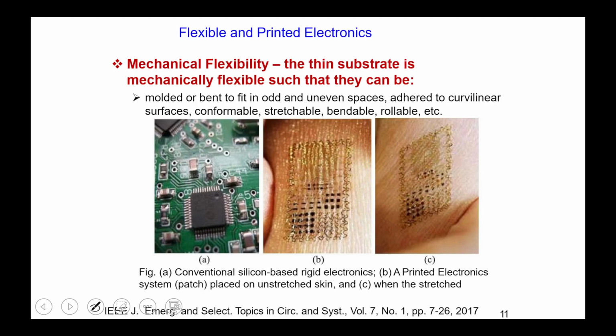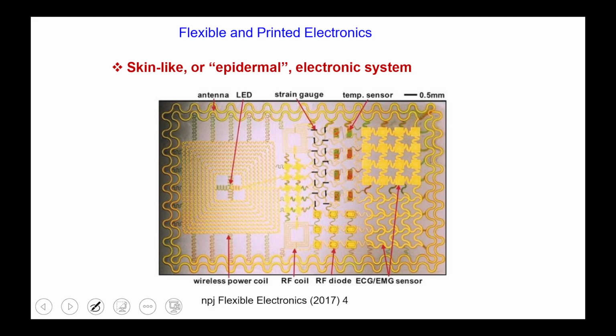So these are the conventional silicon-based devices that we have made into an integrated system on a silicon substrate. Then these are the flexible devices. These are the systems integrated on flexible, printed substrates, and when stretched, skin-like or epidermal electronic systems.